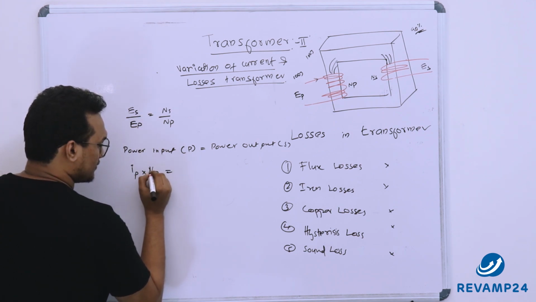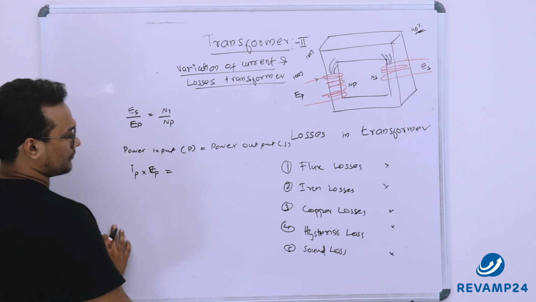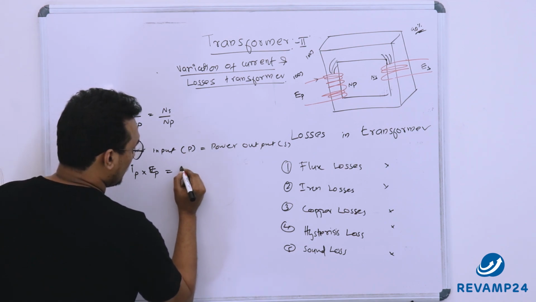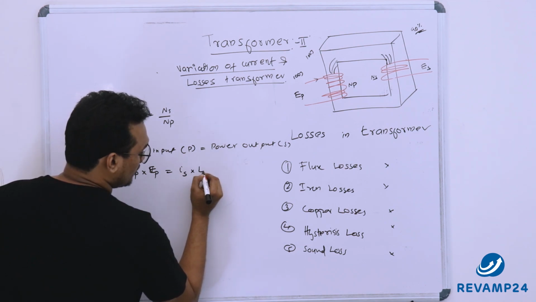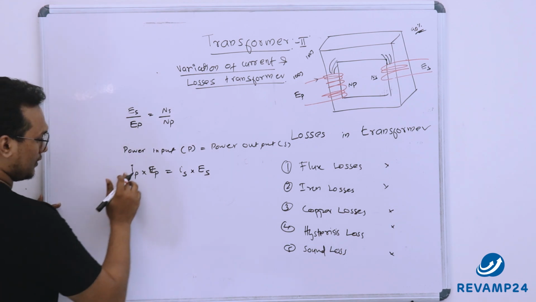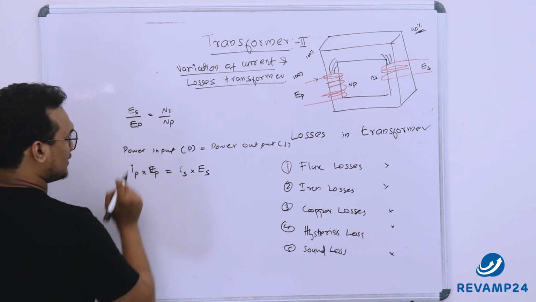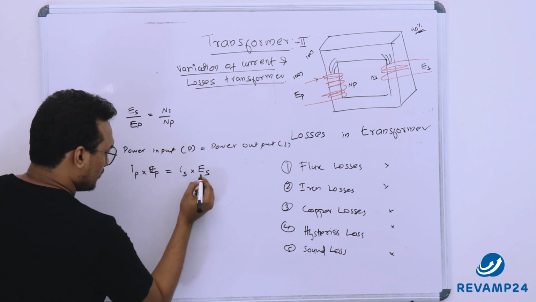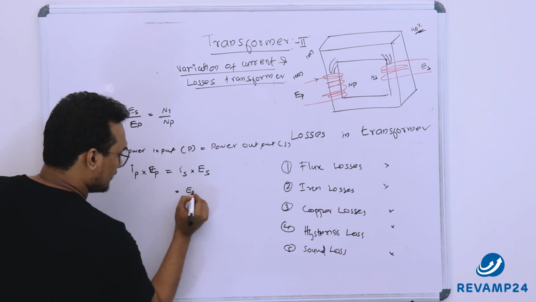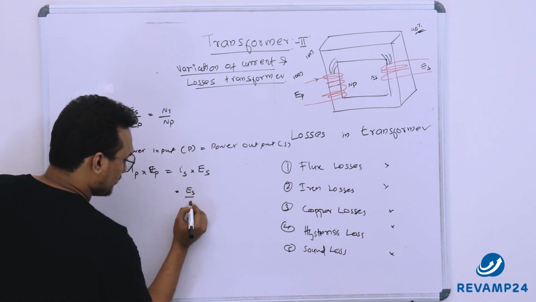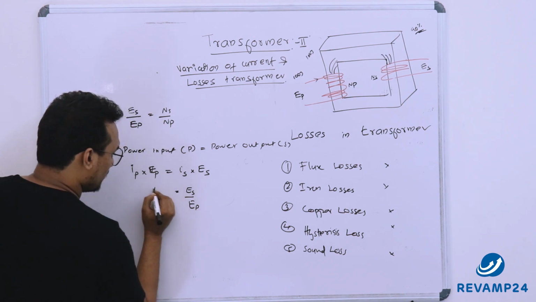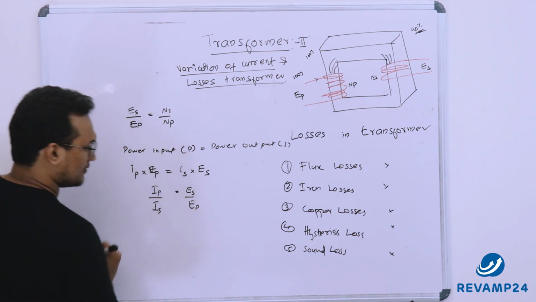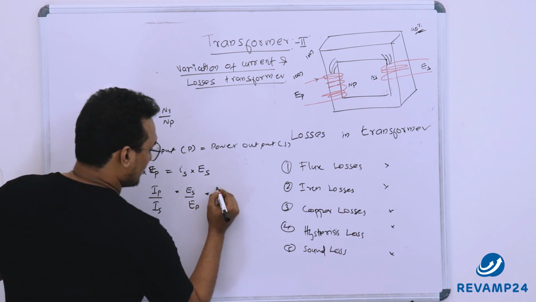I will take it as E primary, as I have used E here. Now power output is I secondary into E secondary. Now here we know what ES by EP is, right? So I will take ES to this side. ES by EP is equal to IP by IS. Now this is equal to NS by NP.